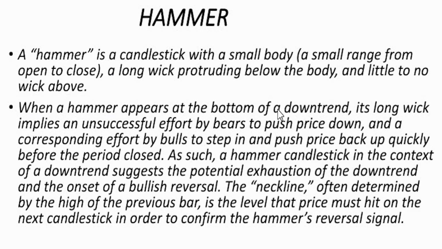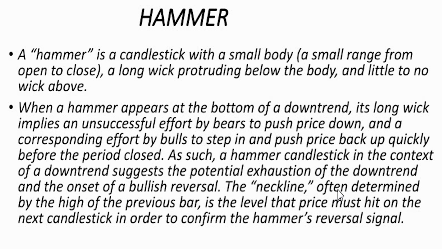When a hammer appears at the bottom of a downtrend, its long wick implies an unsuccessful effort by bears to push price down and a corresponding effort by bulls to step in and push price back up quickly before the period closed. As such, a hammer candlestick in the context of a downtrend suggests the potential exhaustion of the downtrend and the onset of a bullish reversal.